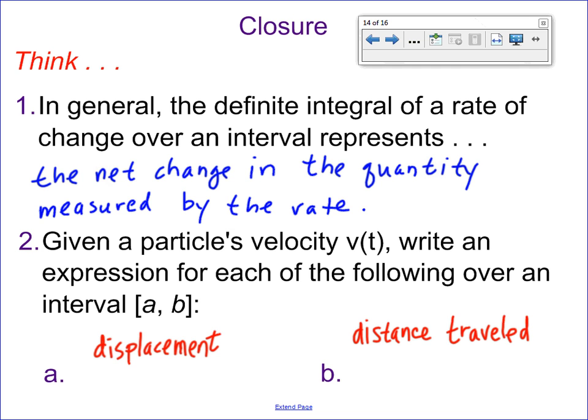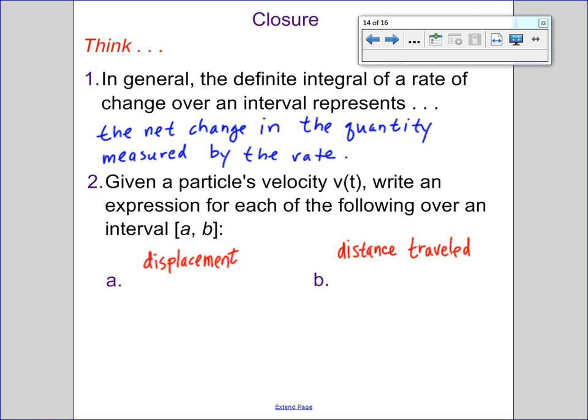If it was the rate of consumption of an engine, measured in gasoline, gallons per mile or something, then the net change in that gas would be my definite integral of that consumption rate.